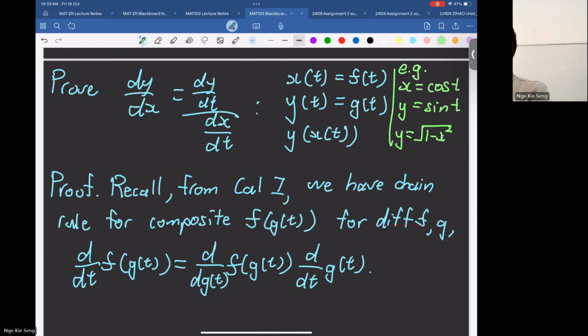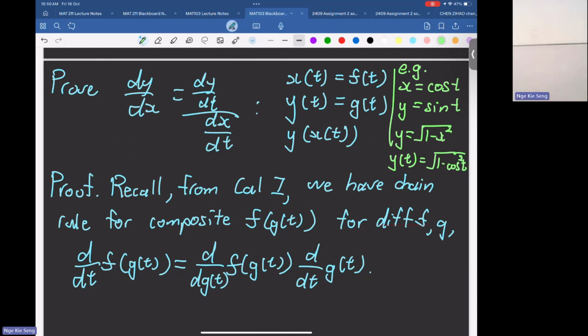Because x is in terms of t, I can replace it, so you can write y(t) as square root of 1 minus cos squared t. These are the different ways to write them down. Does that make sense?